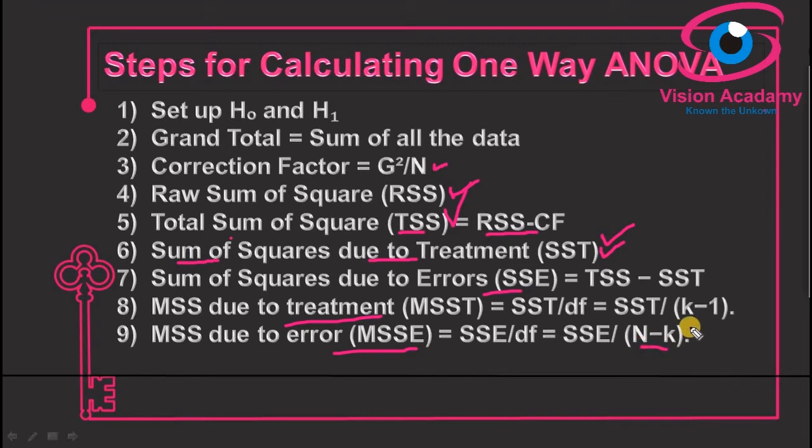In the last step, our degree of freedom was k minus 1. In this step, our degree of freedom is obtained by n minus k. Say for example, we have 20 samples in the study and we have 3 groups. So 20 minus 3 is 17. This is how the degree of freedom is obtained for MSSE. So the steps are very simple.